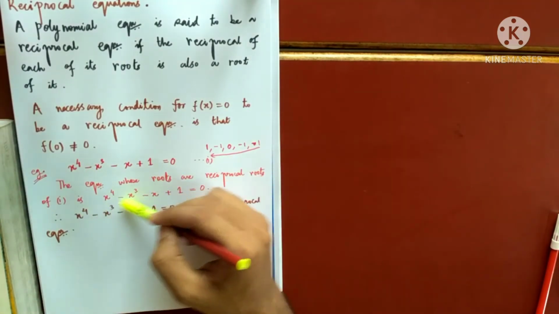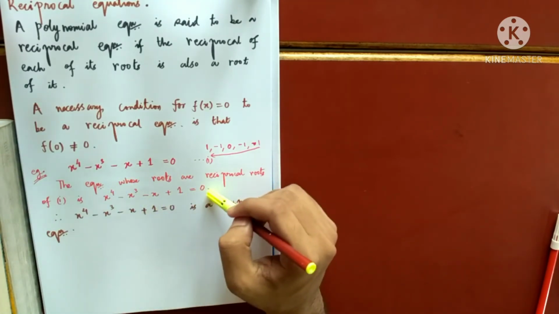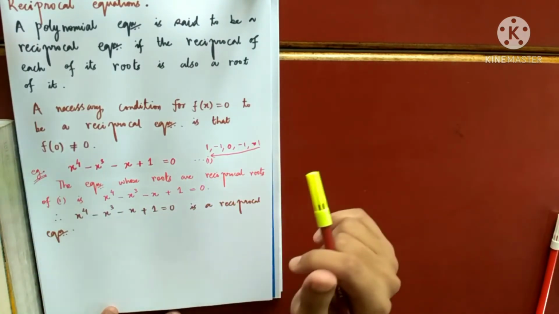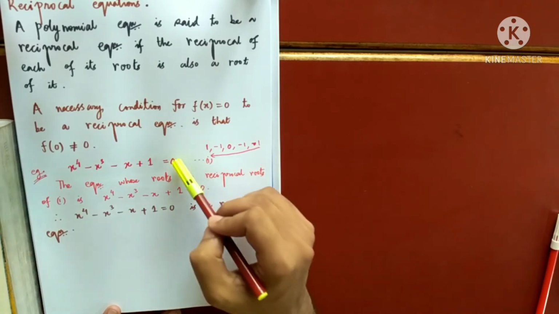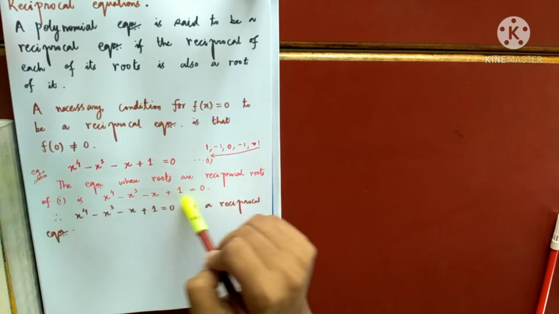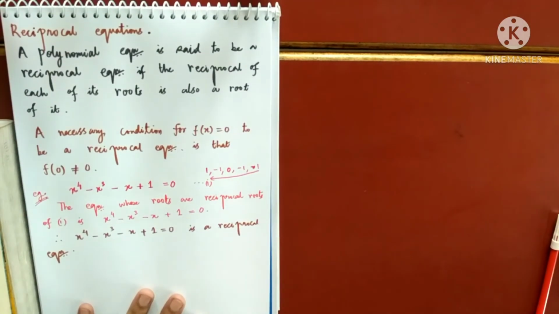By this condition, because the equation whose roots are the reciprocal of this equation, both are identical. That means whenever alpha is a root, 1 by alpha is also a root of this, because the equation whose roots are reciprocal of the original equation is same as this. So did you understand my point up to here?